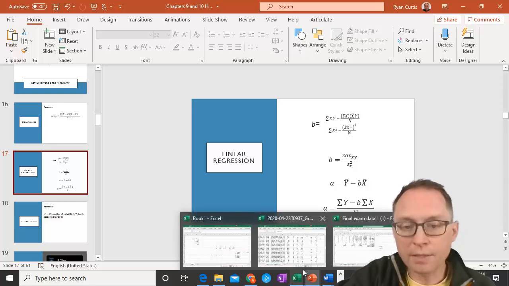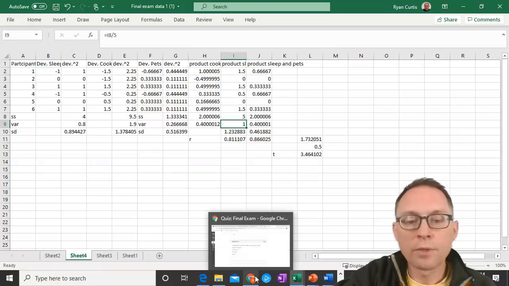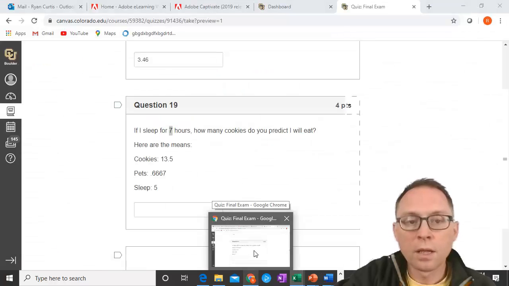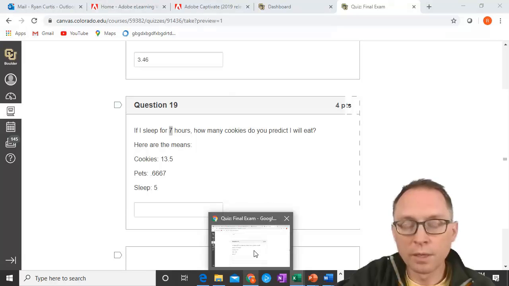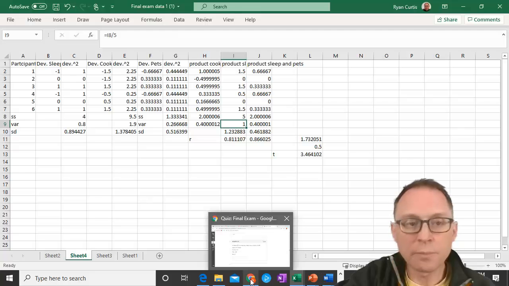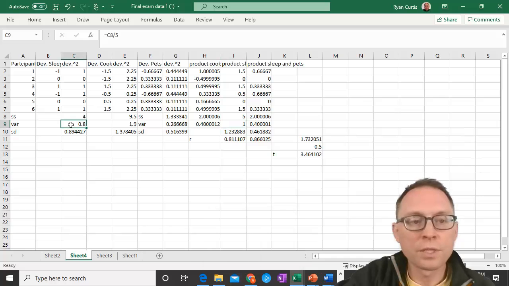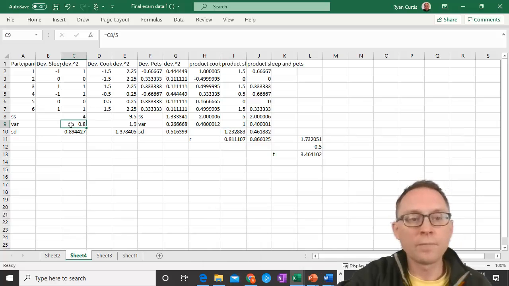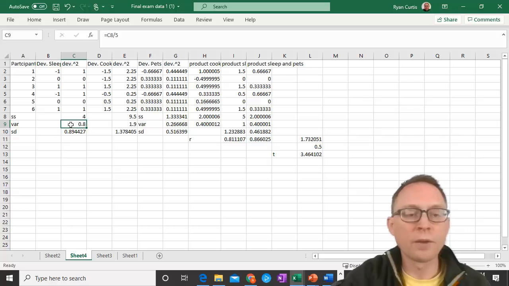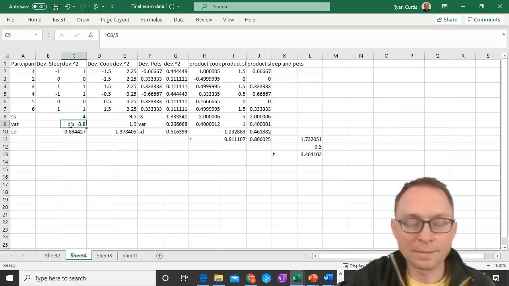The variance of x, if you remember the original question says, if I sleep for 7 hours, so that means that sleep is x. Okay, so we need the variance of x, variance of sleep. If you look right here, you'll see that we already calculated the variance of sleep right here. When we squared them all, added them, divided by n minus 1, 0.8. That's the variance right there.